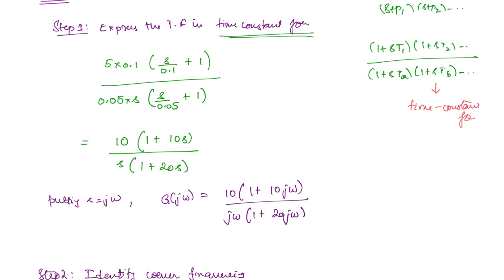What will be the corner frequency here? Corner frequencies will be 1 by t1, 1 by t2 and so on. This is for zeros. And what about the corner frequencies of the simple poles? They are going to be 1 by ta, 1 by tb and so on. This is with respect to the poles.